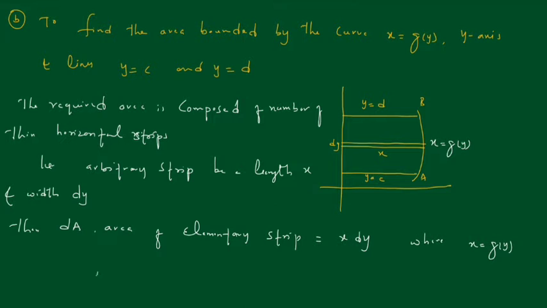So let's see the area we can find here. A equals integration from y equals c to d of x dy, which equals integration from c to d of g of y dy.